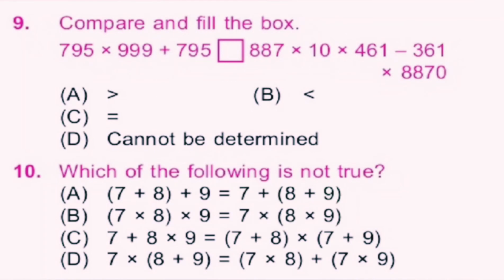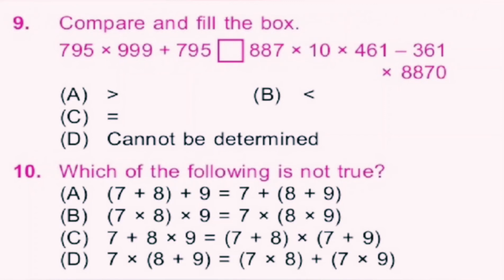Question number 9. Compare and fill the box. 795 into 999 plus 795 is on the left side. On the other side, 887 into 10 into 461 minus 361 into 8870.